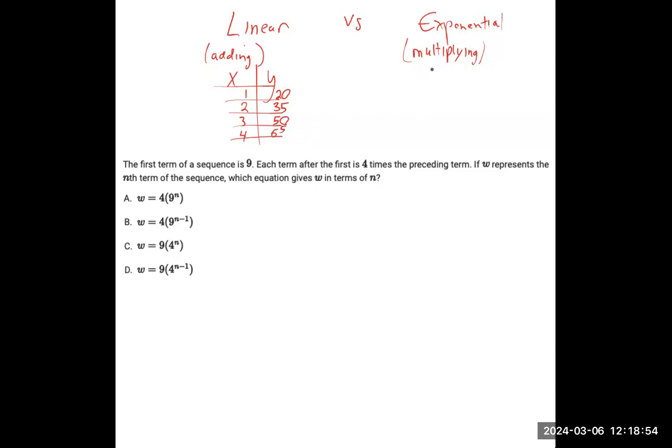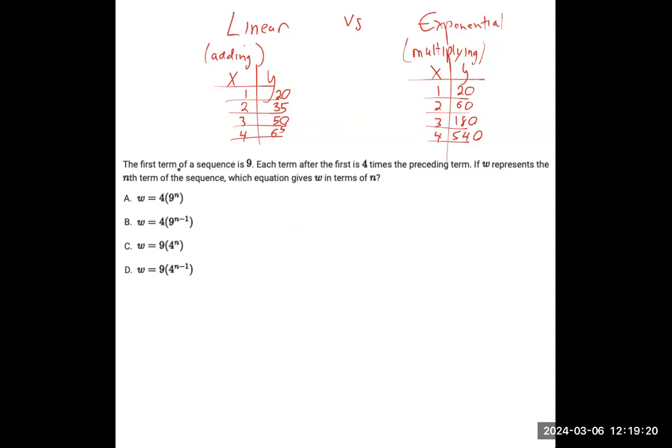In an exponential, an XY table would look something like this: 1, 2, 3, 4, 20, 60, 180, 540. So in other words, we're multiplying by 3 every time, just as an example. So if we're adding, it's linear. If we're multiplying, it's exponential.